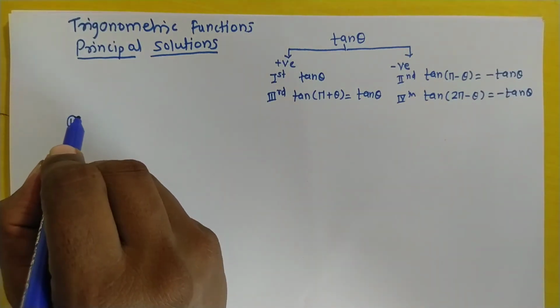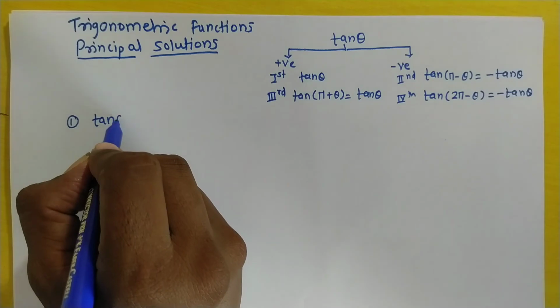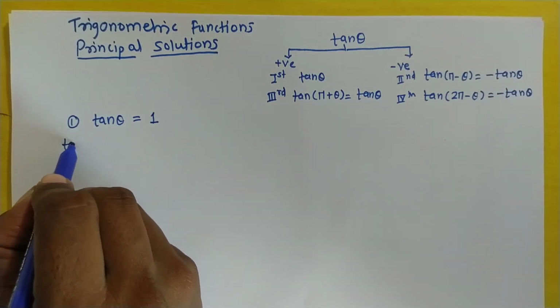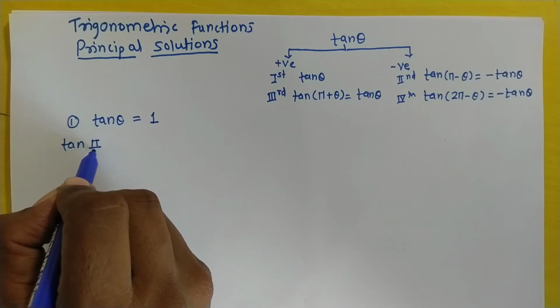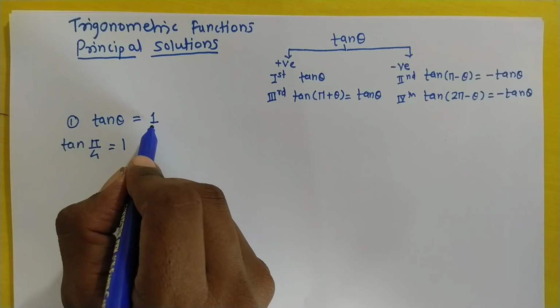So we take: find the principal solution for the trigonometric equation tan θ = 1. We know that tan(π/4) = 1. So here the value is positive.